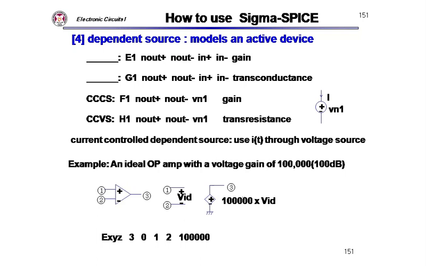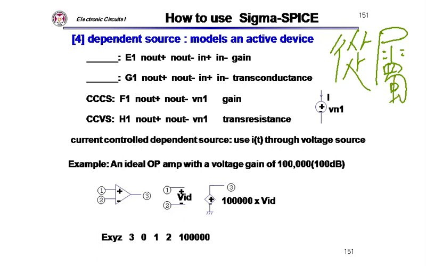Yeah, these are dependent sources, right? Dependent sources model the physics of active devices. Yeah, voltage controlled voltage source. This is a voltage controlled current source, okay? You can see those start with E.